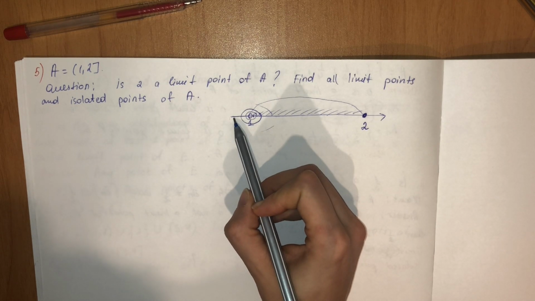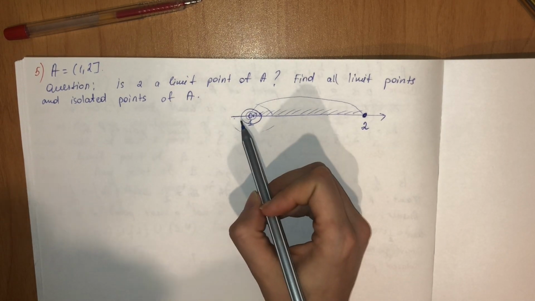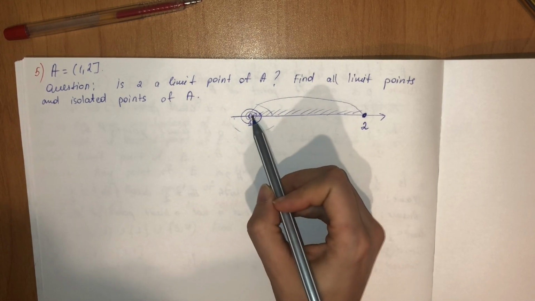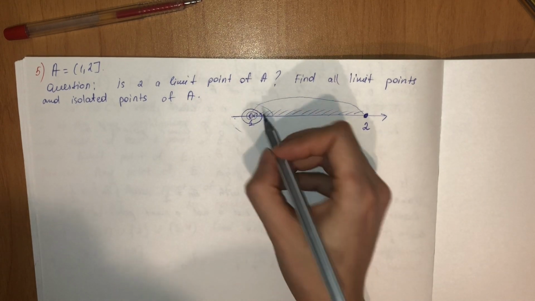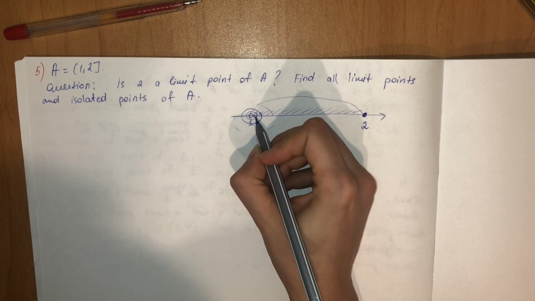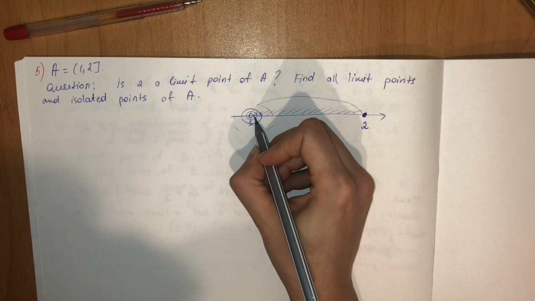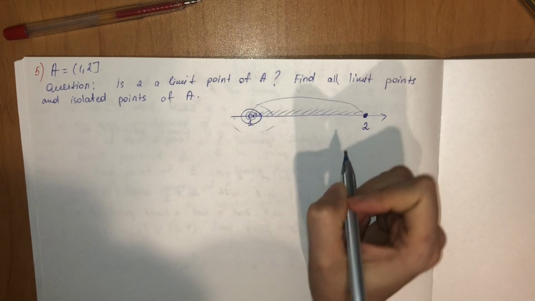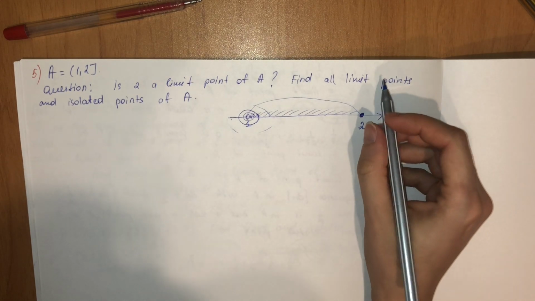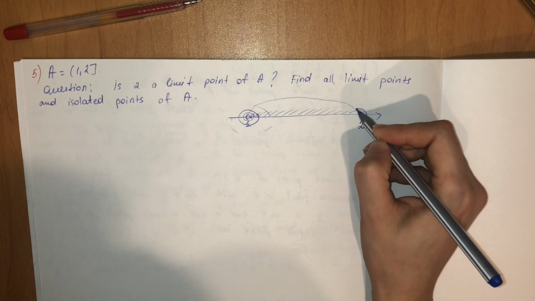The left hand side of 1 doesn't contain any element from A, but the right hand side does, so any neighborhood of 1 contains at least 1 element from A. Also, it's true for 2.